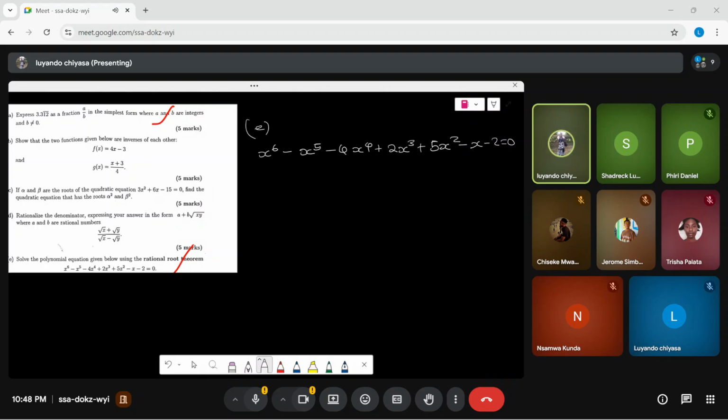So the question is saying solve this using rational root theorem. We know this is a polynomial, and we need to solve it, meaning we need to find the values of x.